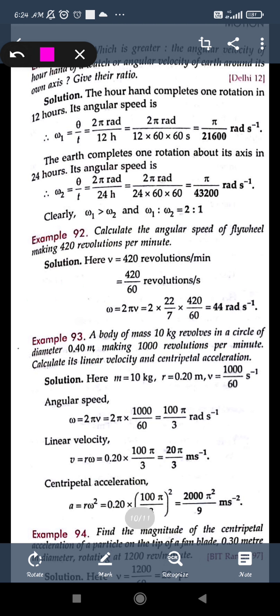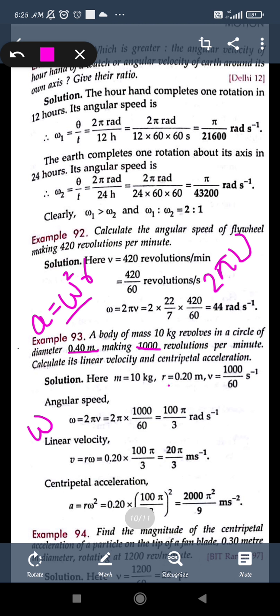We know that the centripetal acceleration is given by a equals omega square r or v square by r. For finding acceleration we need omega, and the radius is given. To find omega, theta is not given, but r as well as nu is given. So using the formula 2 pi nu, we can find the angular speed.